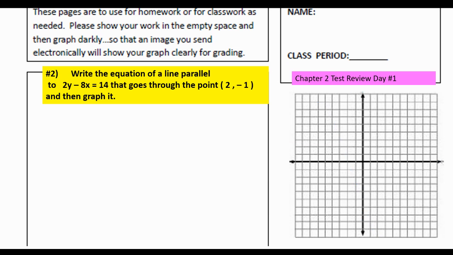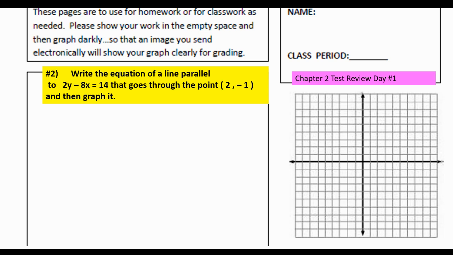Okay, if you can take a minute then to write down number 2 in yellow. So this is: write the equation of a line parallel to 2y minus 8x equals 14 that goes through the point (2, negative 1), and then graph it.